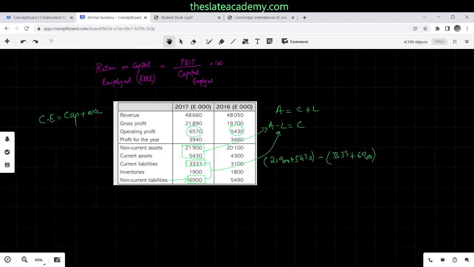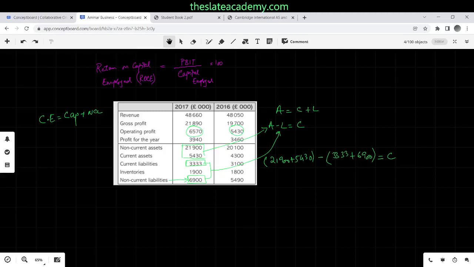Sir, capital employed is equal to capital plus non-current liabilities. What exactly is capital? Capital is the residual interest of the owner in a business. From the assets of the business, if I pay off liabilities, all that remains is the capital. So it's what the owner gets?